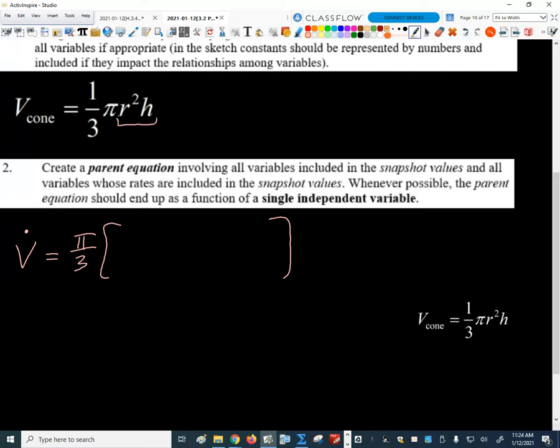Because the constants we can always pull out in front of a derivative and forget about, okay? But what's tough about the derivative of r squared times h? I mean, it's not horrible. Maybe I'm making more out of this than I should, but it's not super convenient, right? Because it's a product. We got to use a product rule here.